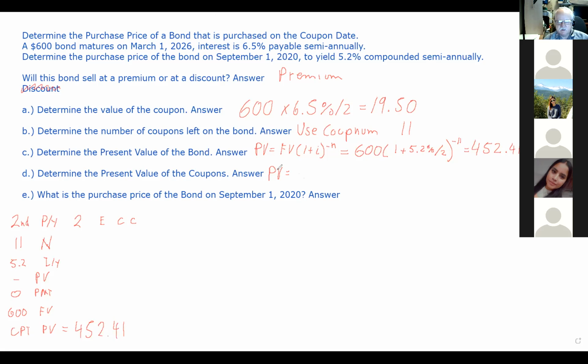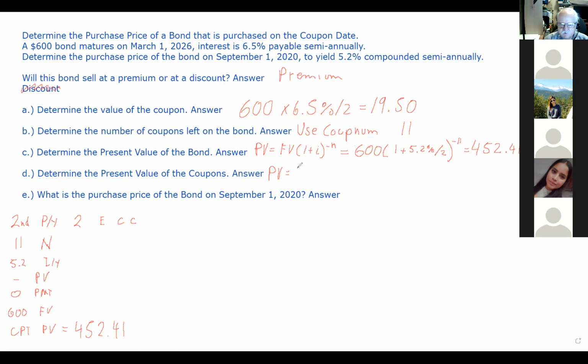Let's do the second calculation. Actually, I think it'll turn out that the BA2 Plus will do both these calculations for us in one calculation. Let me do this one by hand first.